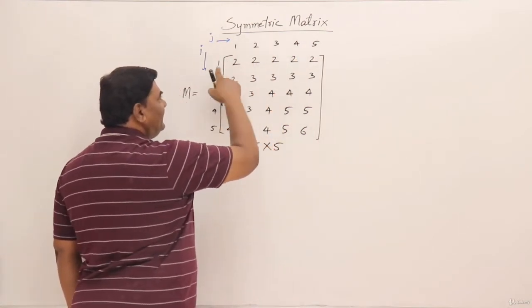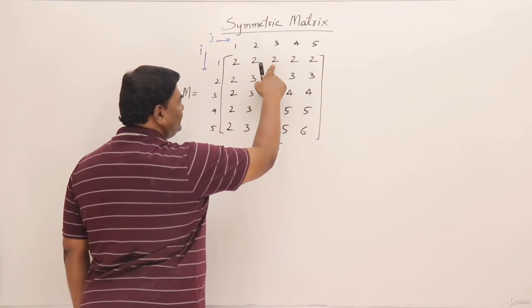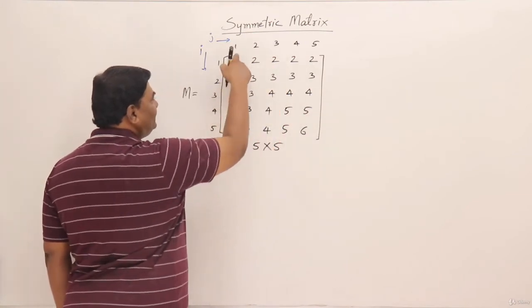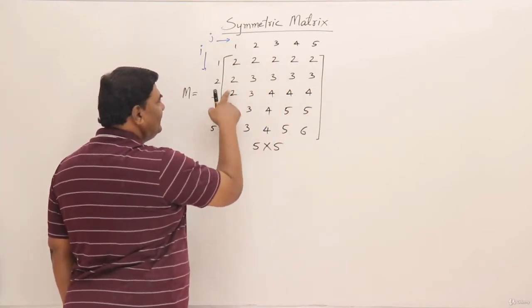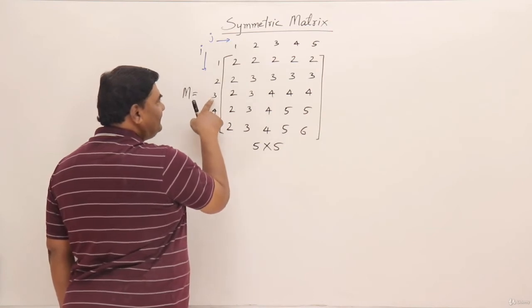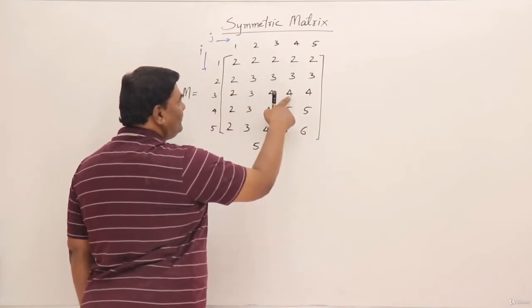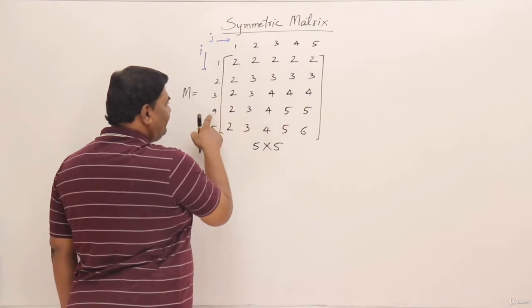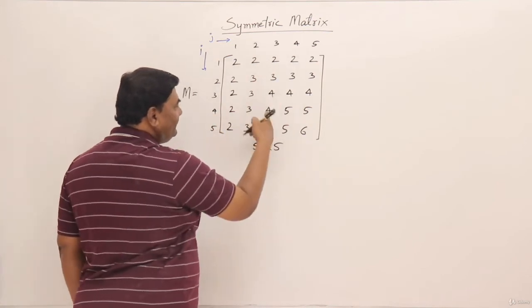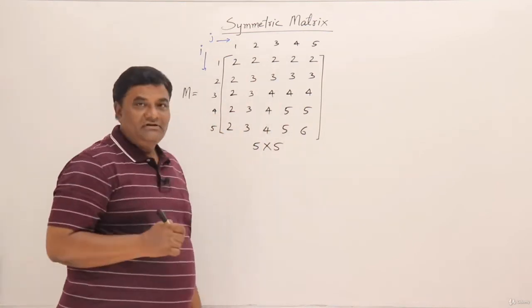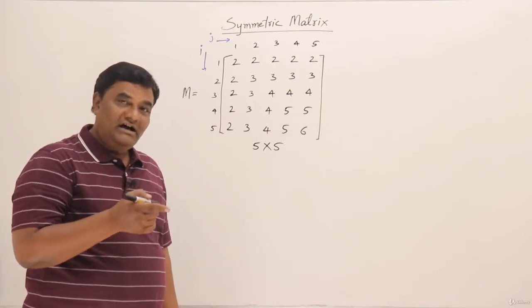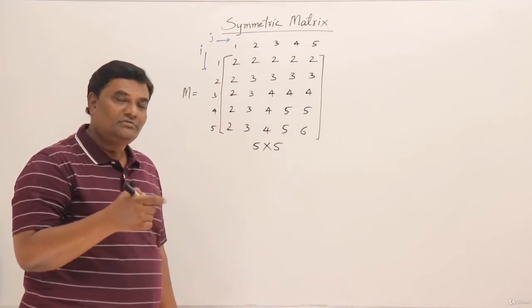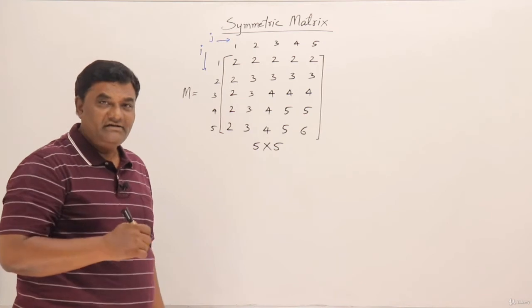The element at 1, 3 is 2 and at 3, 1 is also 2. Element at 3, 4 is 4 and at 4, 3 is also 4. So if you observe, the element at location ij is equal to the element at location ji.